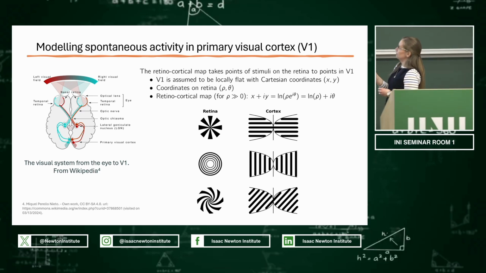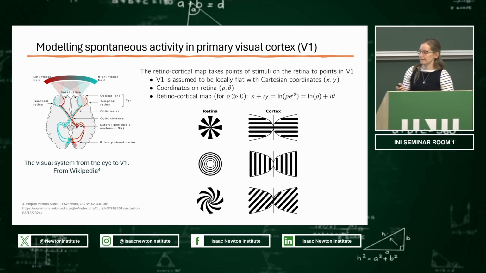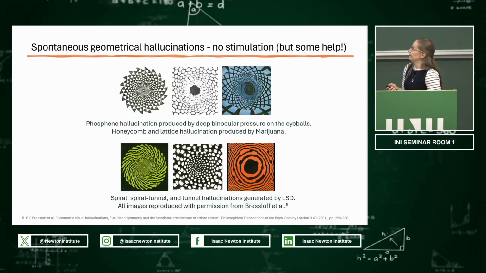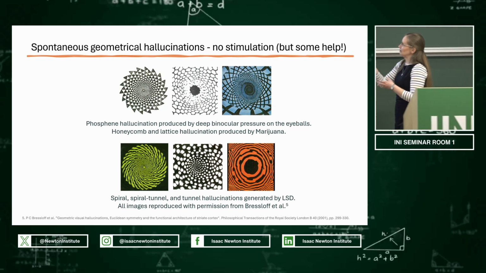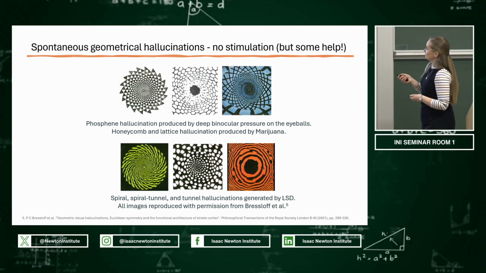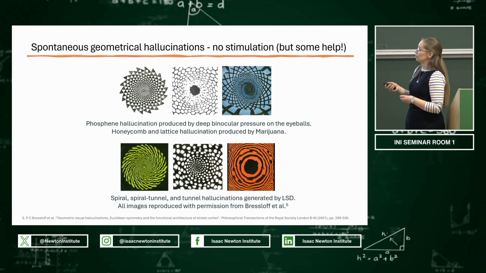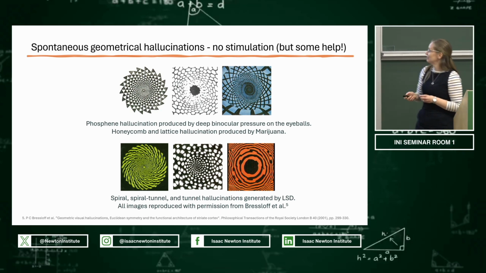Right, so V1 is active even without any stimulation. This is very well known, that you can induce some hallucinations just by pressing down on your eyeballs or taking some drugs, which I definitely do not recommend.